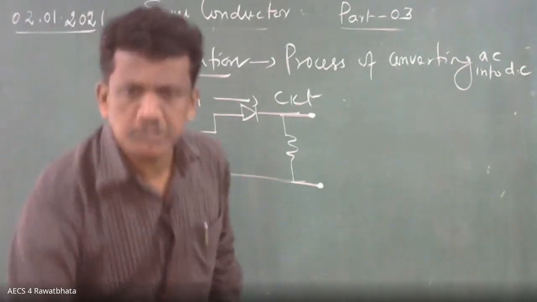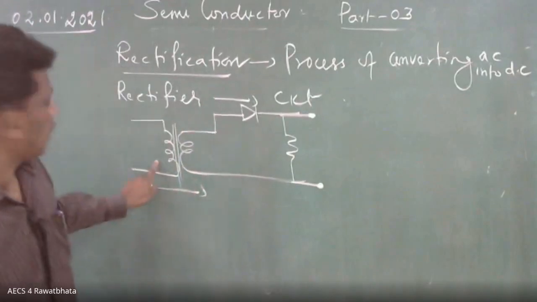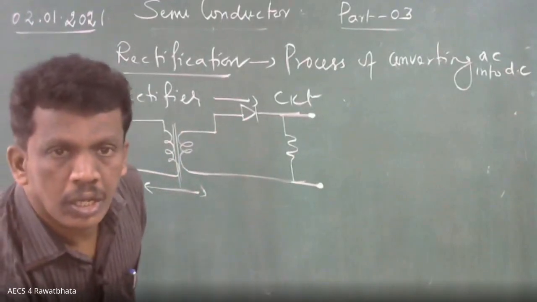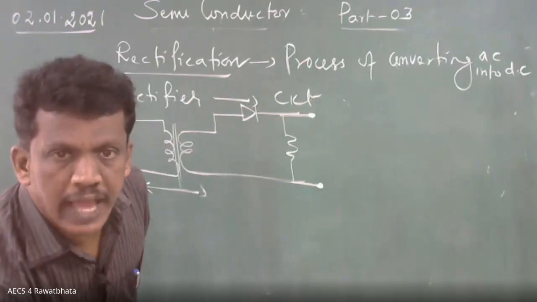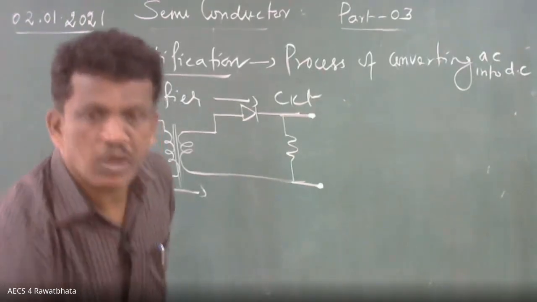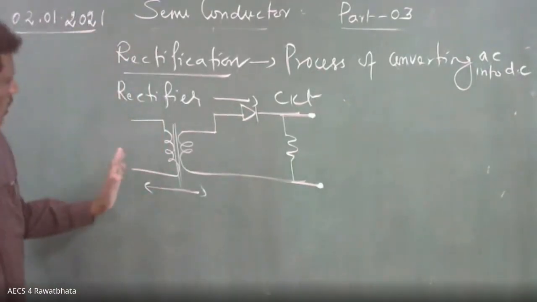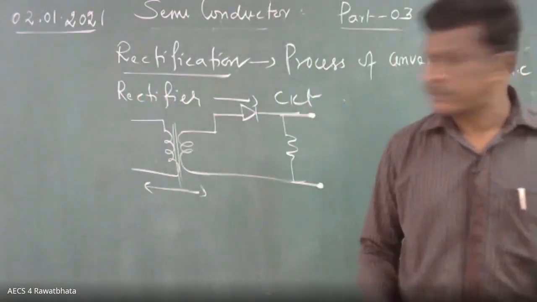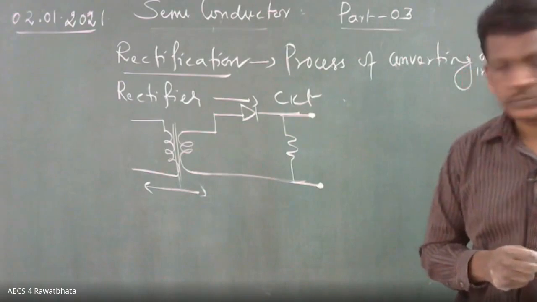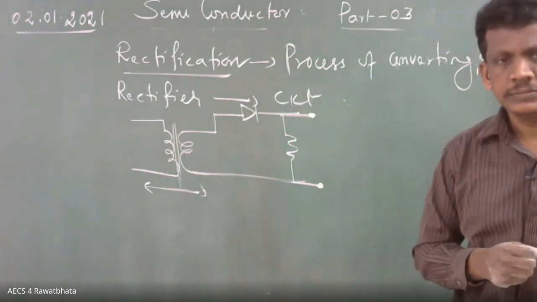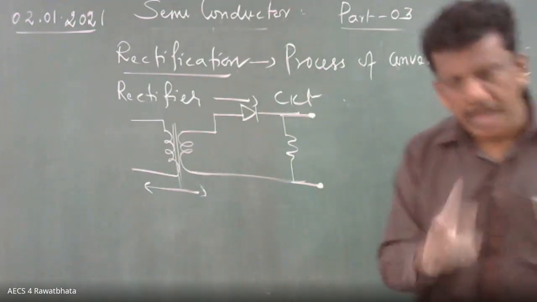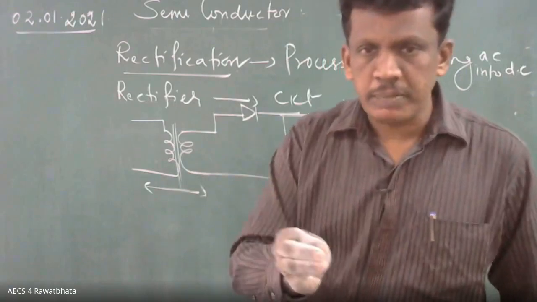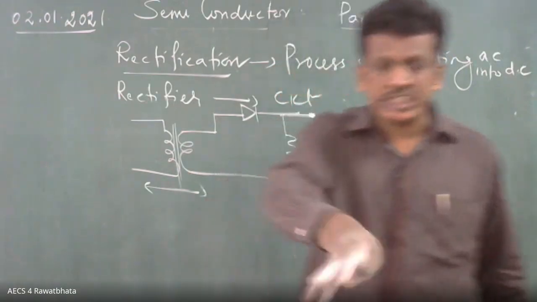All are able to see the circuit? Transformer. Yes, very good. Transformer. Okay. Whether it is a step up or step down transformer. Look at the diagram. Step down. Yes. Somebody responded. Okay. How do you know step down?